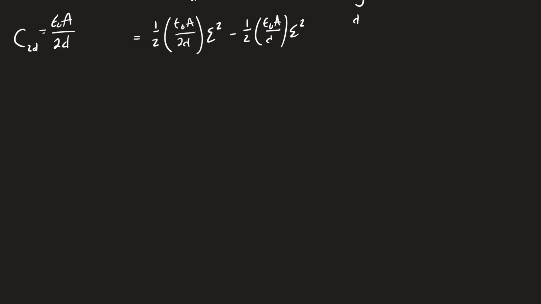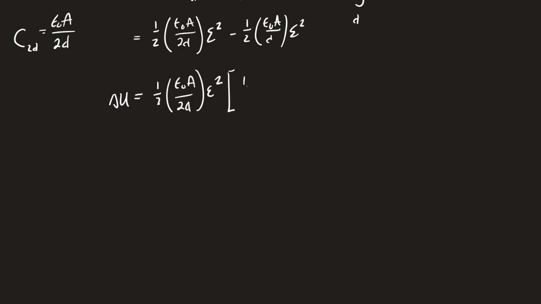Now, continuing just this piece of work to get delta U, a lot of that is the same. We talked about that yesterday. So we factor out all the stuff that was the same, and that was 1/2 epsilon naught A over 2D voltage squared. That's the same in both terms. And I just had a 1 minus a 1/2, or no, 1/2 minus 1.